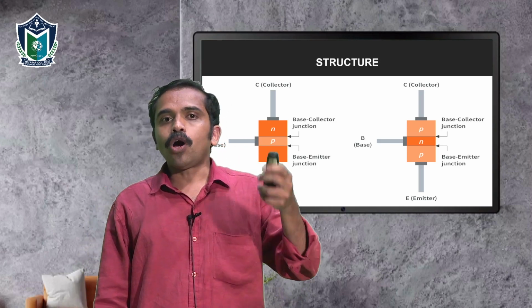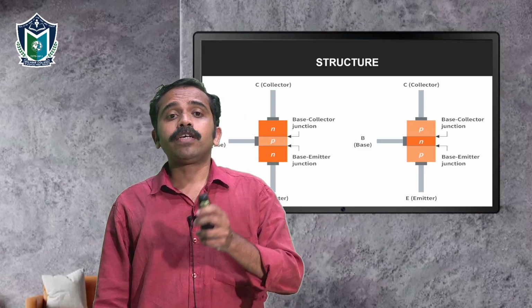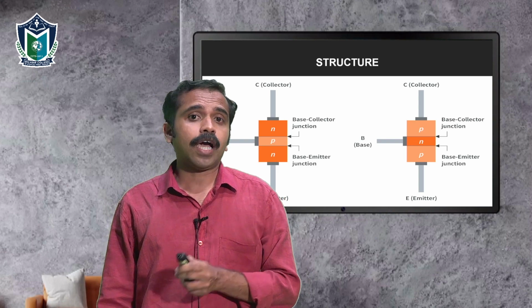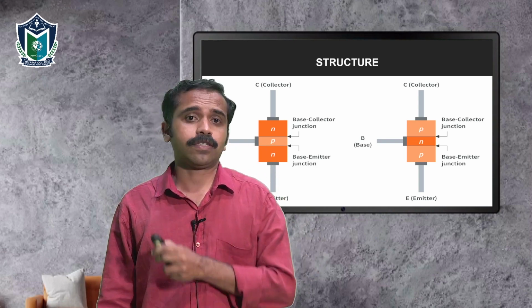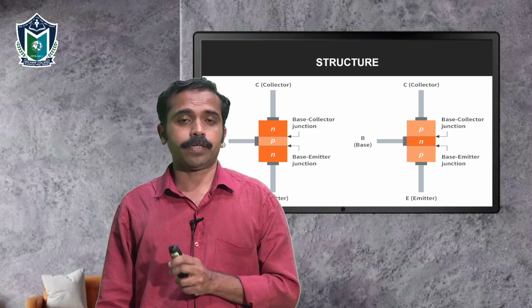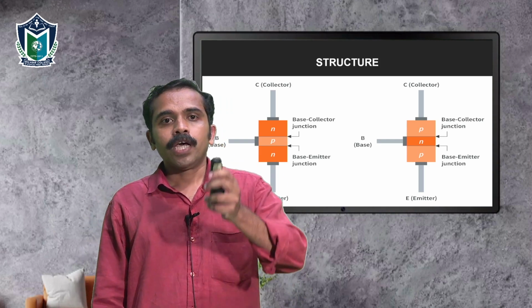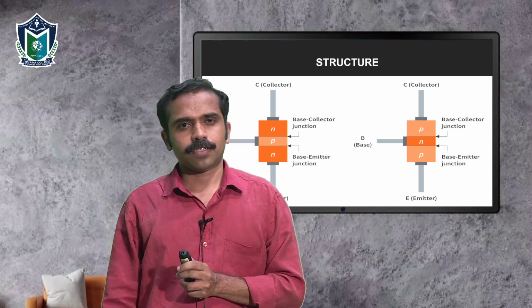When we talk about the size of the three regions, again, base region has the least size and collector region has the largest size. The size of the emitter region is moderate. Also, from the figure, you can see that there are two junctions.